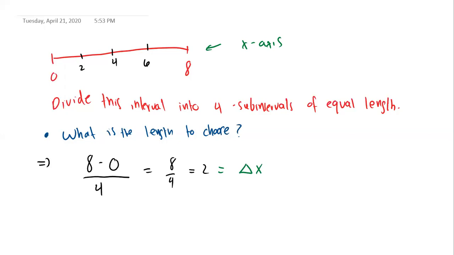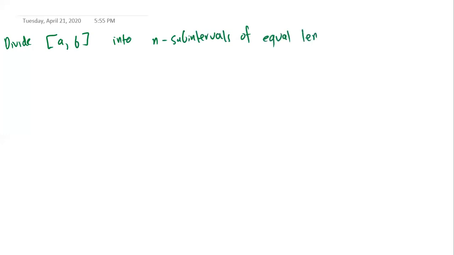Okay. So in general, if you're given an interval a to b and they ask you to divide the interval ab into n subintervals of equal length, then the first thing you want to find is the length of the interval.